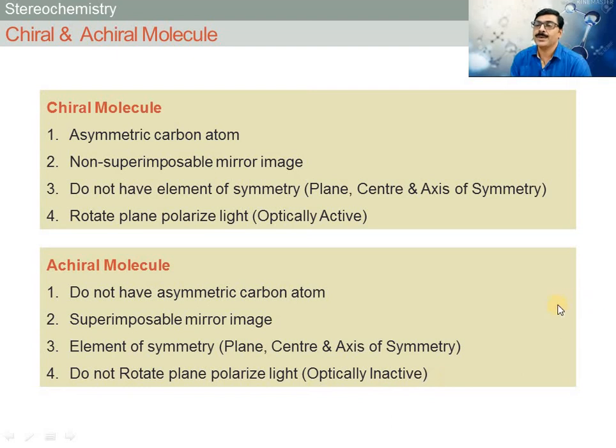In this way you can compare the chiral and achiral molecule. Now these are the basic terms in stereochemistry, and if you remember all these terms, then you can easily compare the chiral and achiral molecule.